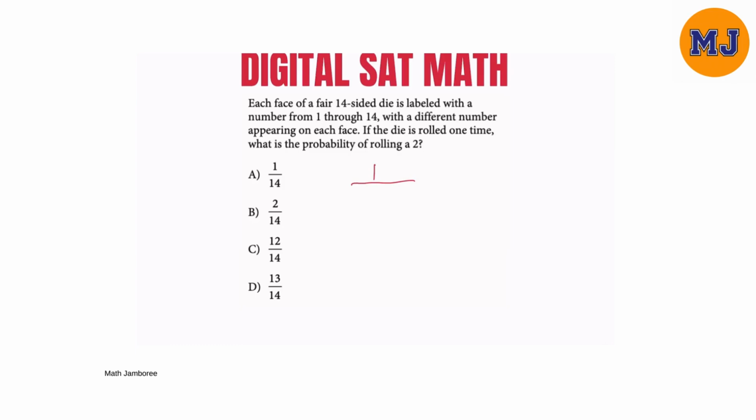When you roll this 14-sided die, it may come up with any number from 1 through 14. So your possibilities are out of 14. And then the probability of rolling a 2 should therefore be 1 over 14 for this specific question. So the right choice is A for this question.